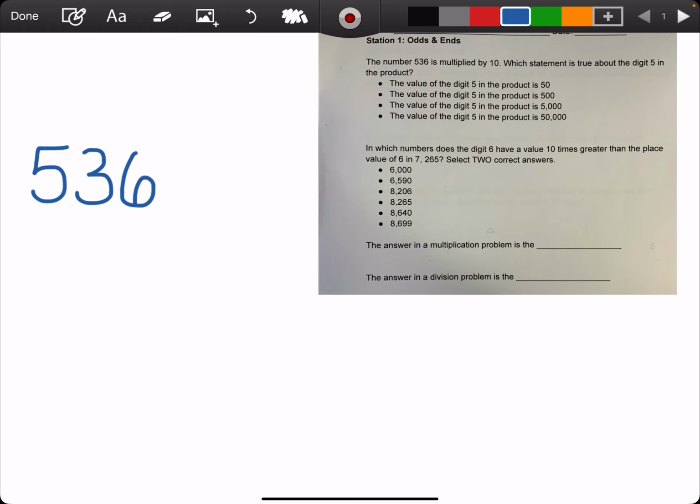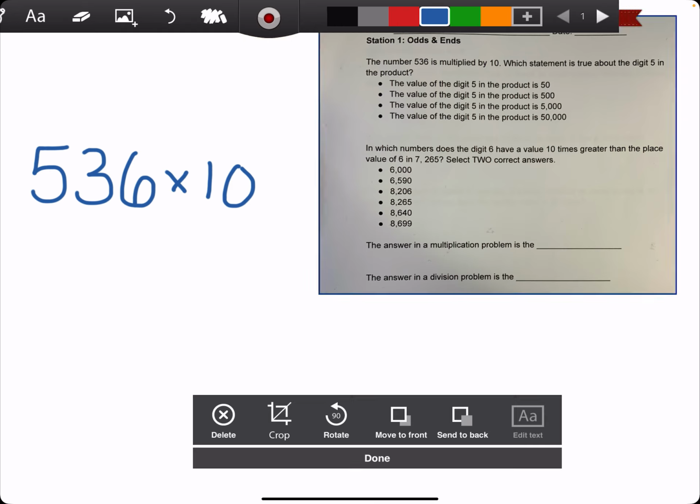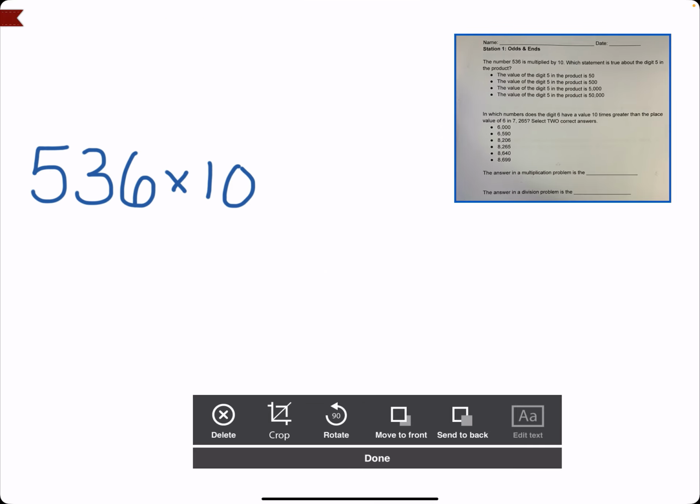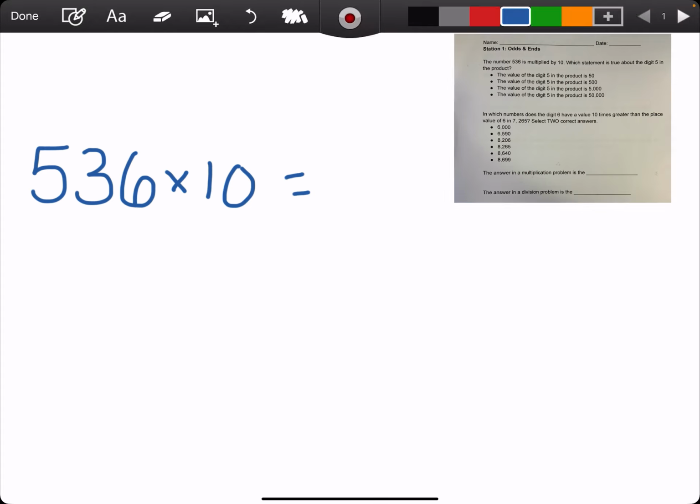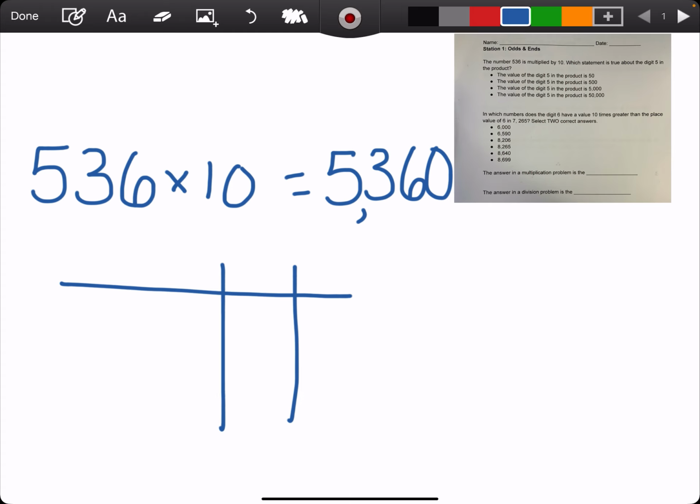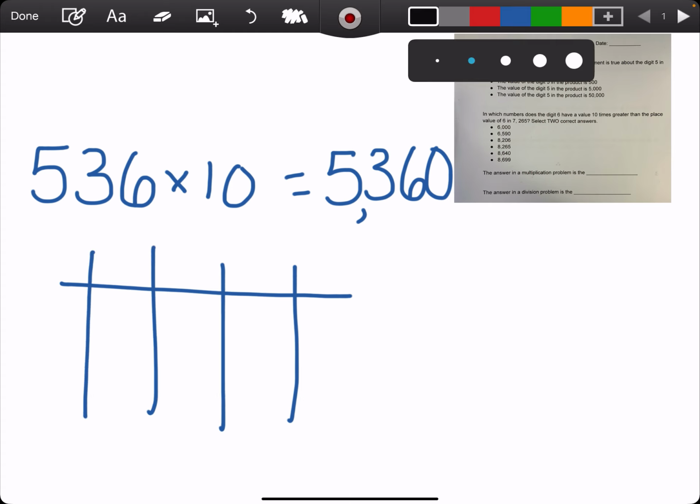If I multiply that by 10, we have gone over that, you're just going to take the 536 and put a 0 at the end. So you would get 5,360. Or I could make a quick place value chart.